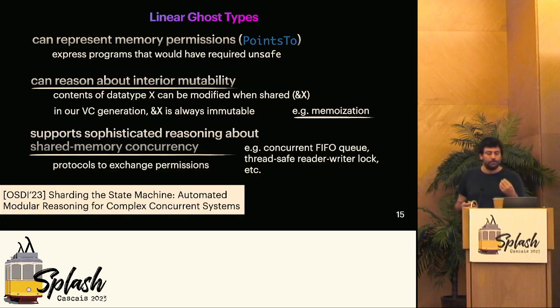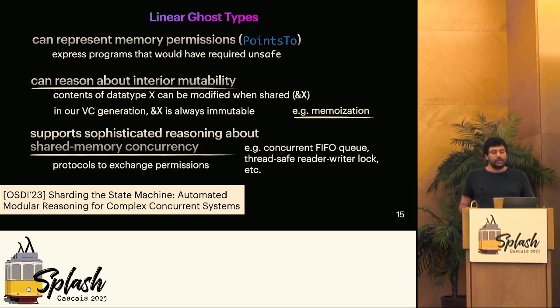Additionally, linear ghost types also enable more sophisticated techniques for reasoning about shared memory concurrency. The details are way too much to go into in the talk, but the high-level idea is that this lets us write protocols that allow different parties, different threads, to exchange these permissions that we've seen so far, and that allows us to implement things like concurrent FIFO queues, thread-safe reader-writer locks, and bigger, more complex concurrent systems.